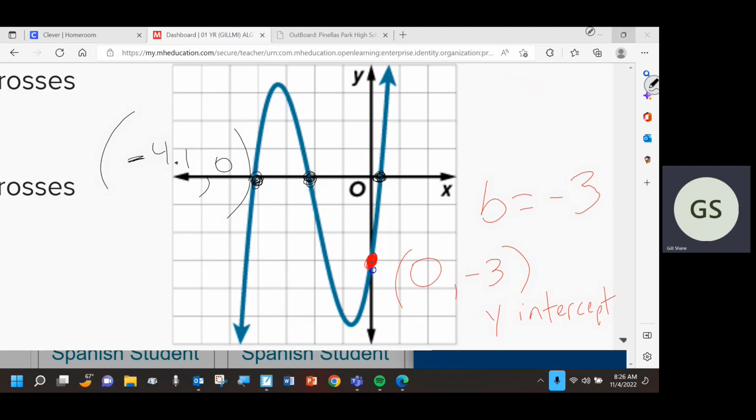Let's go ahead. I'm going to do something that I didn't do in the other classes. What's the second point, Danielle? I'm going to call on you for this one. What is approximately, because again, it's not right on the corner, what would you guess is the ordered pair for that one?